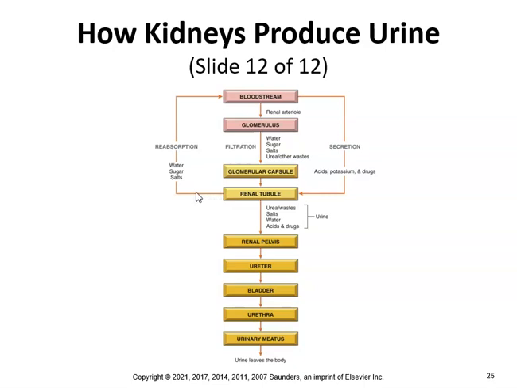So it says, okay, we need to keep these water, sugar, and salts. We'll reabsorb it and go back into the bloodstream. But then the tube says we need to get rid of more acids, potassium, and drugs. We're going to get rid of it. Once it goes into the renal tubule, the urine is formed, and urine is a combination of mostly water, but it has acids and drugs, salts, and urea as waste.